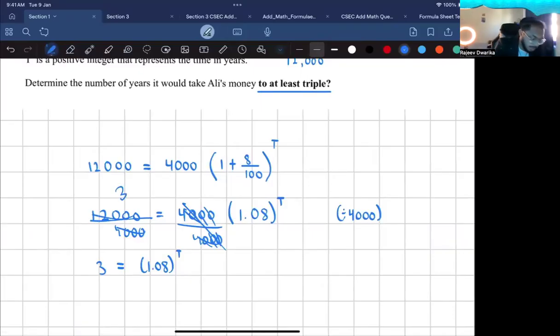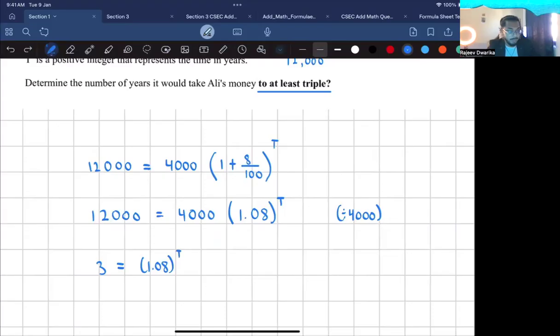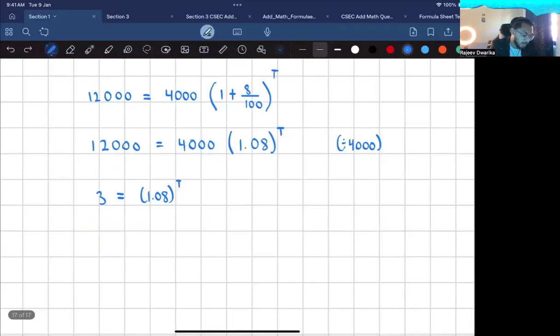All right. Javon, did I lose you anywhere? No, sir. Okay, good. Annalie, did I lose you anywhere? No, sir. All right. Now, Kiara, I'm trying to find t. Look at where t is in the question. T is at what? A power.